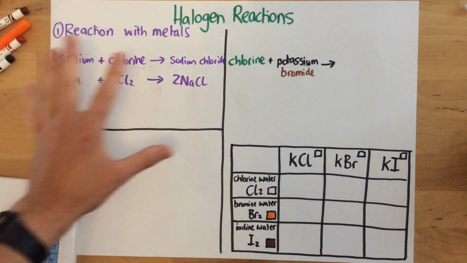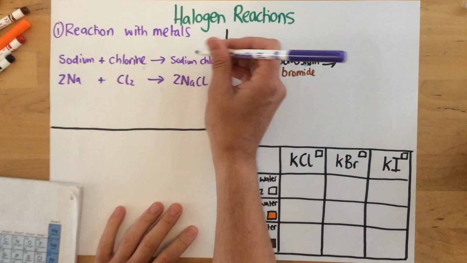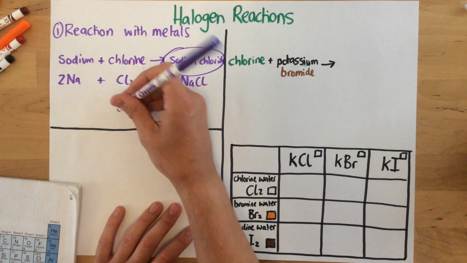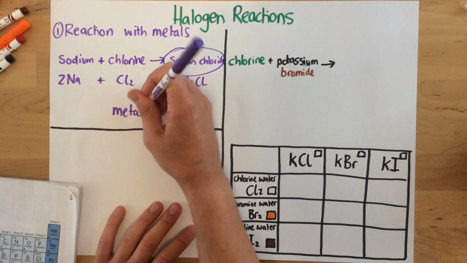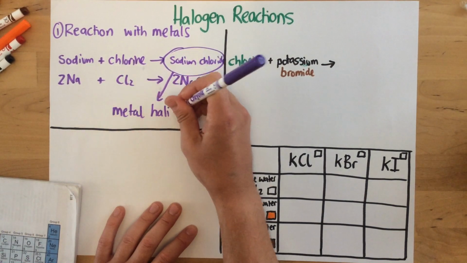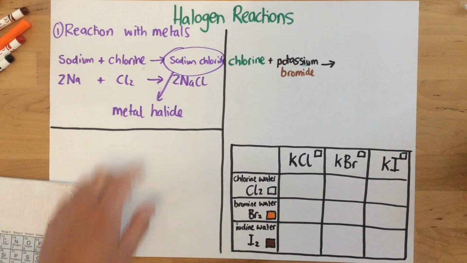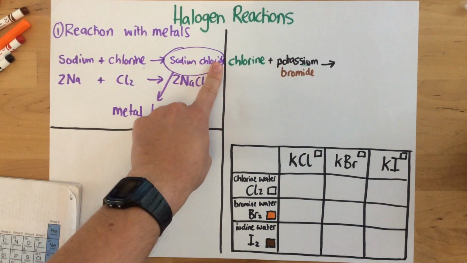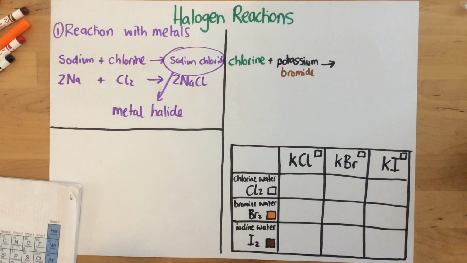It's a really simple reaction, but we need to know about this substance which is formed here. This is called a metal halide. So it's a simple reaction between a metal and a halogen to make a metal halide, sodium chloride for example.